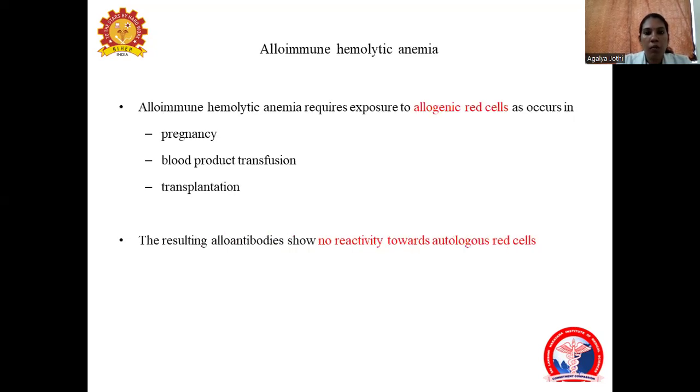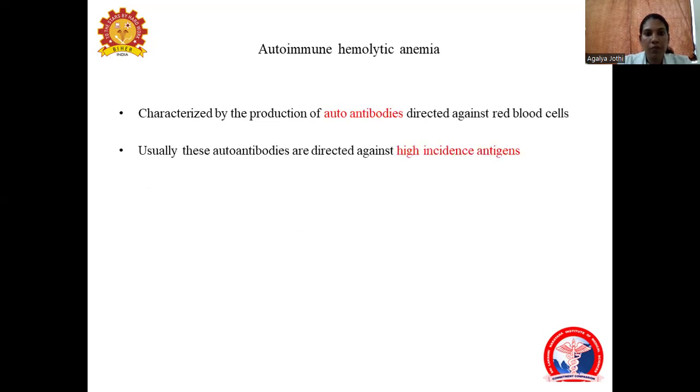What is alloimmune hemolytic anemia? It is exposure to allogeneic red cells, as occurs in conditions like pregnancy, blood product transfusion, and transplantation, resulting in antibody activity. Autoimmune hemolytic anemia is characterized by production of autoantibodies directed against the patient's own red blood cells.